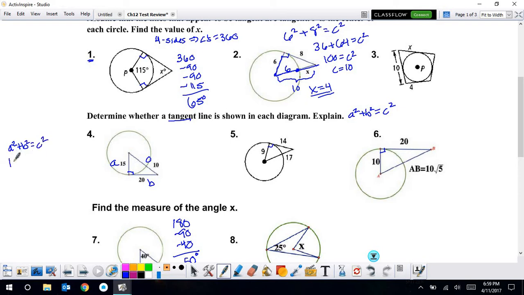So when I go to plug in, I've got 15 squared plus 20 squared is going to equal. Now, 10 is just the outside piece. It's not the whole hypotenuse. But I know 15 is that same inside piece. So that means the whole hypotenuse is 25.